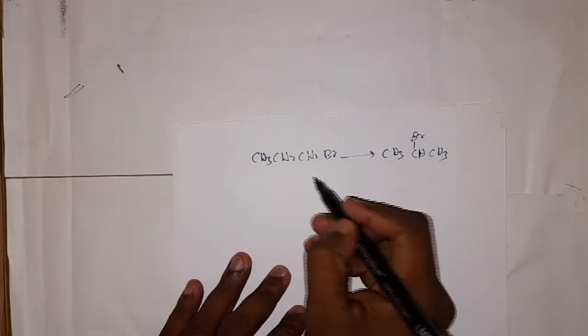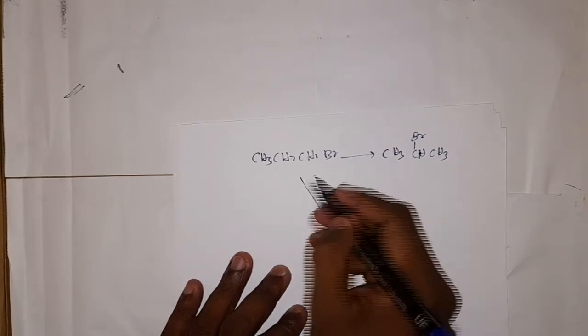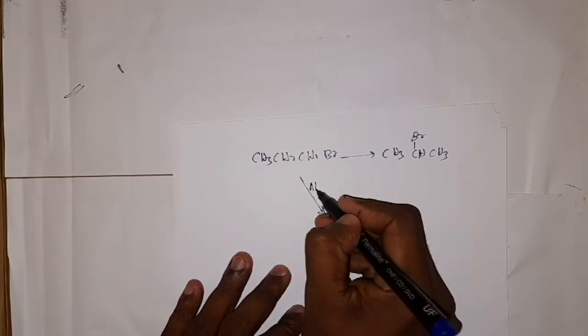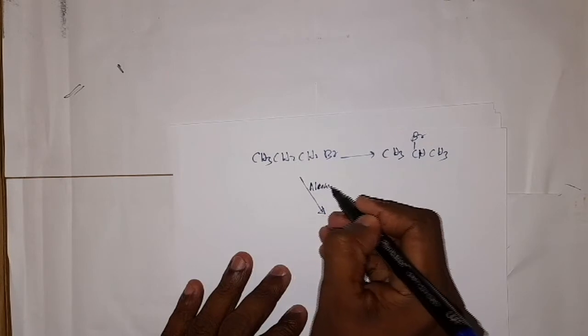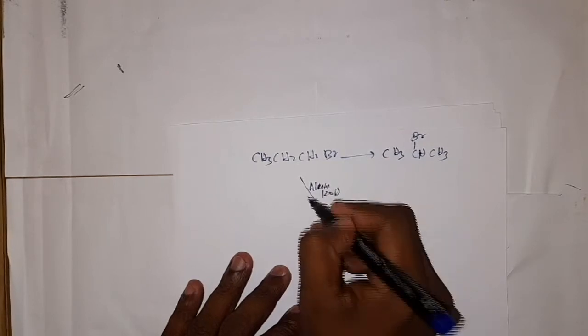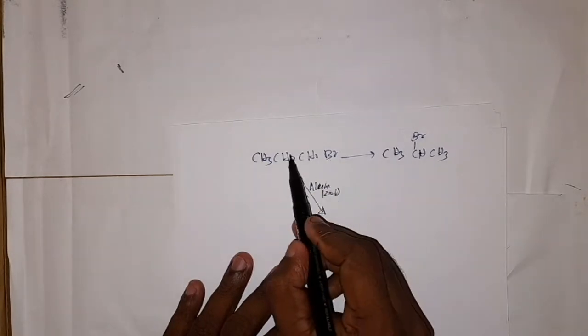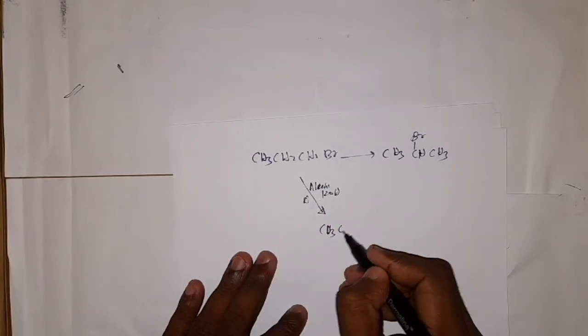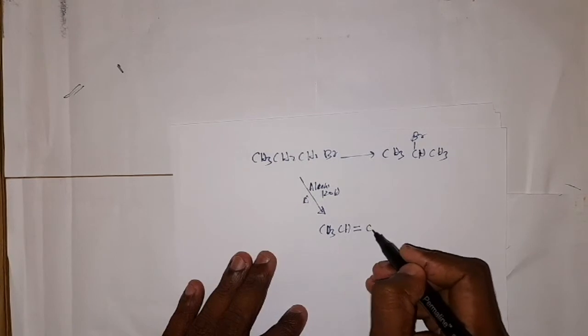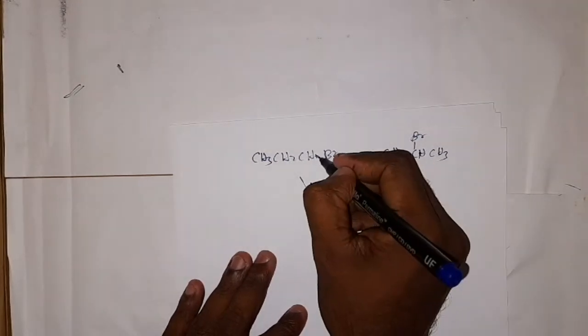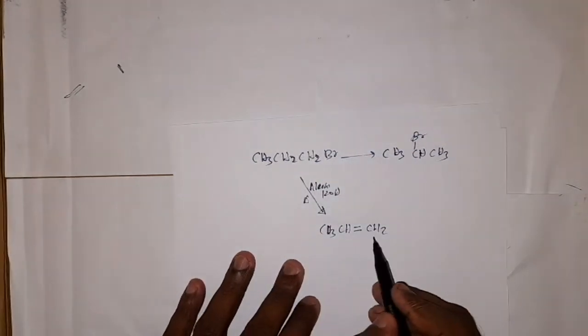First you have to add alcoholic KOH and heat. Then what happens? CH3 and here HBr, hydrogen and Br will be removed, giving CH3CH double bond CH2. This is the formed compound.